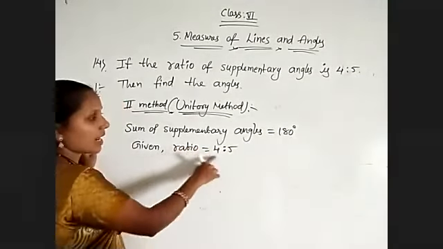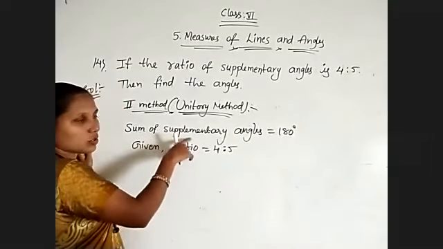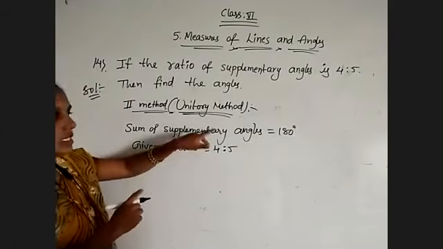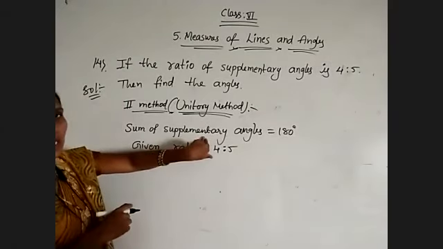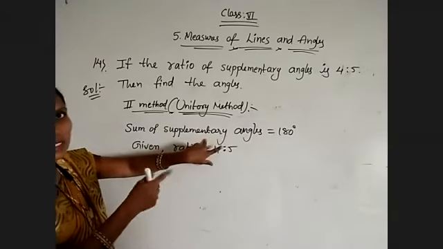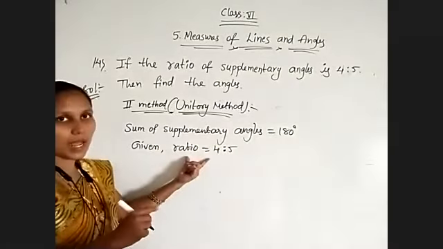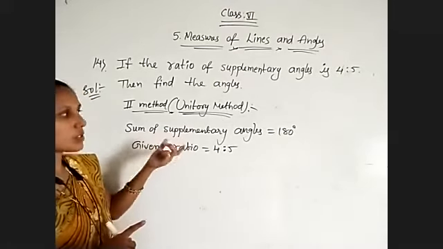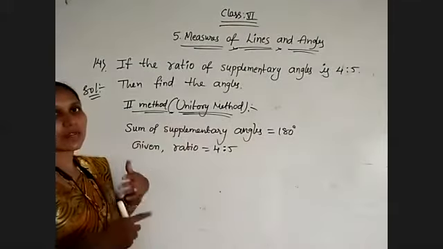So total parts of the ratio. Sum means total angles. The sum of total angles is equal to 180. Here there are only two angles; supplementary angles means only two. Their sum we have, the total sum we have. So then take the total parts. If only one of the angles is given, say 90 degrees, for suppose the smaller angle is 90 degrees, then find the greater angle.